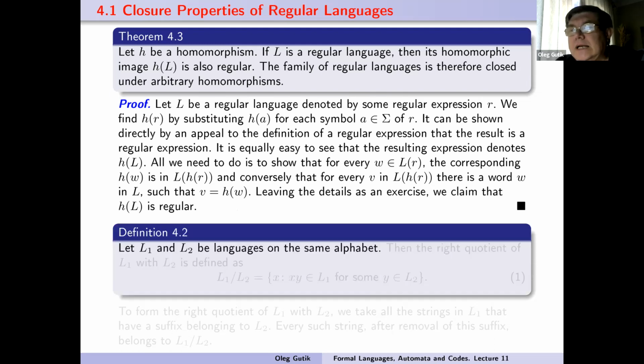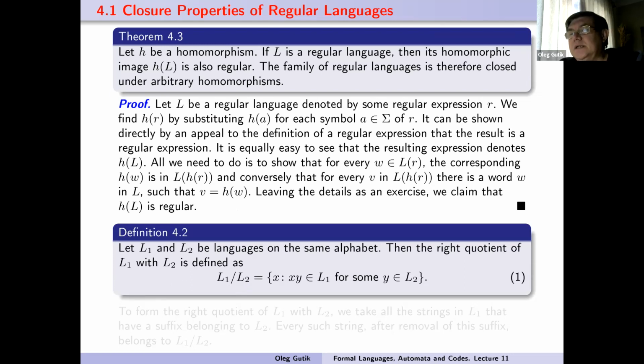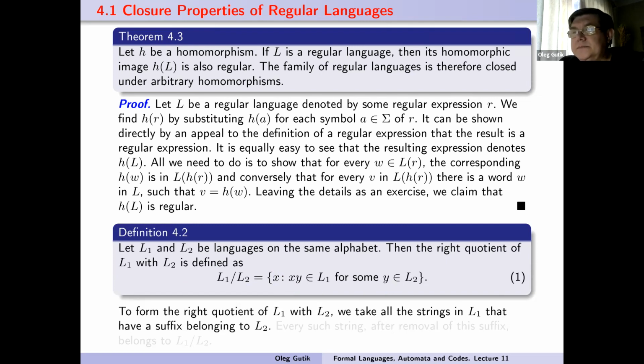Definition. Let L1 and L2 be languages on some alphabet. Then the right quotient of L1 with L2, denoted L1/L2, consists of all words x such that the word xy belongs to L1 for some y from L2.